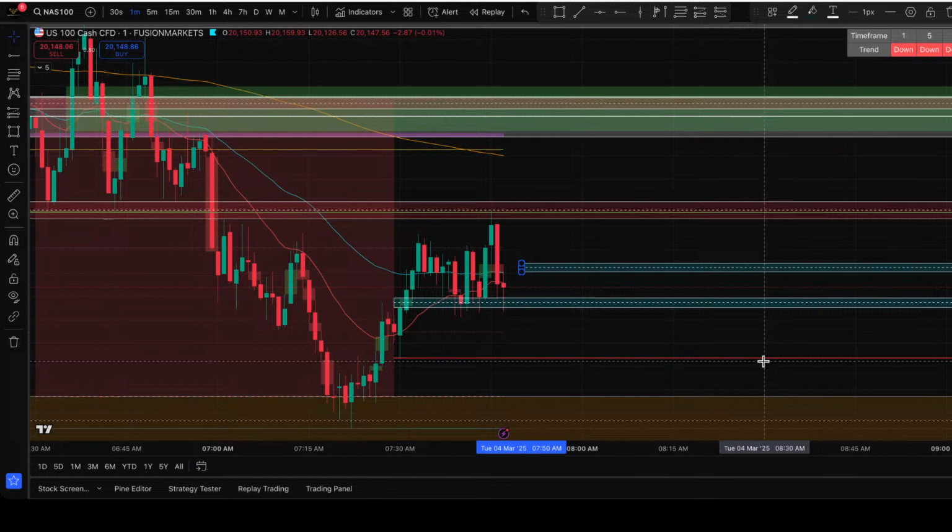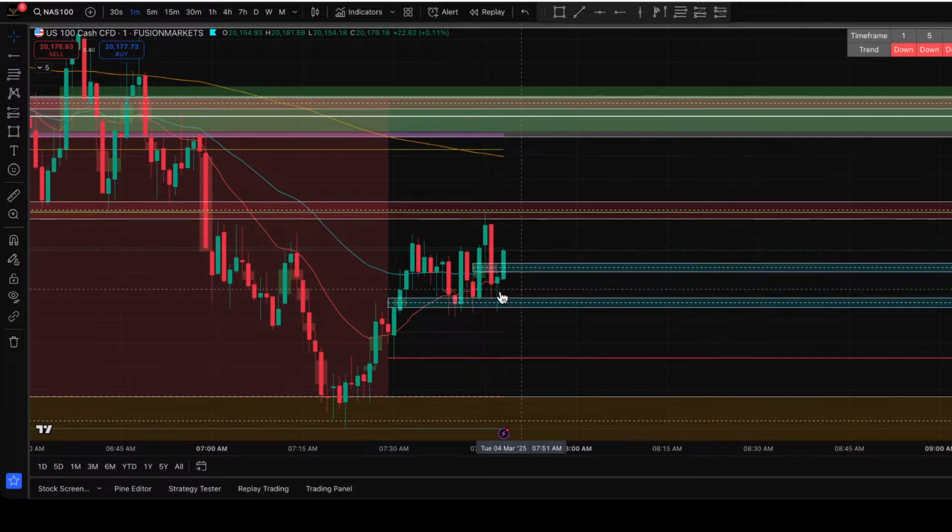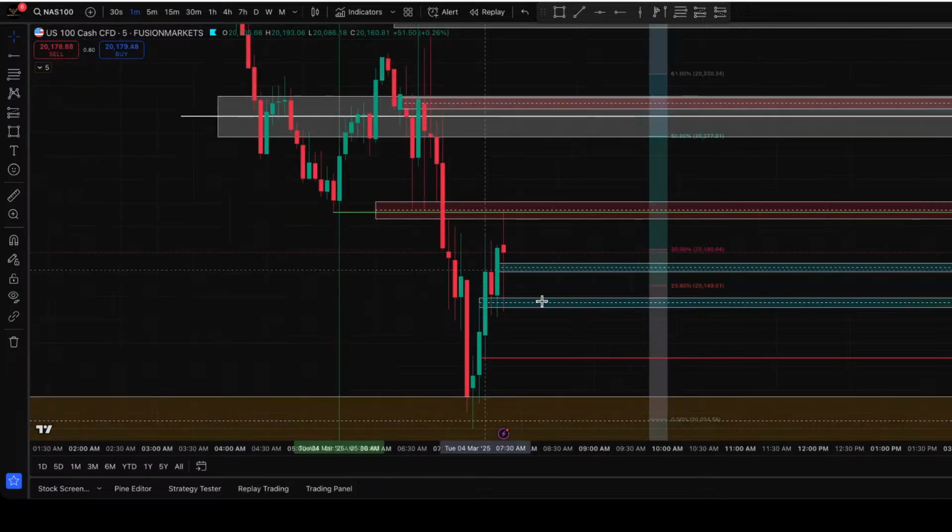Our bias is still bearish. Just wanted to know where the 1M was.